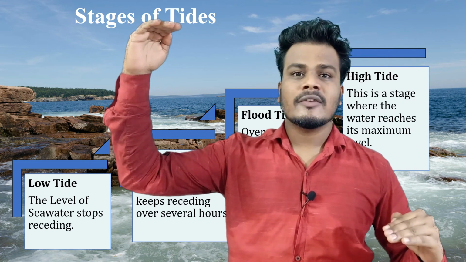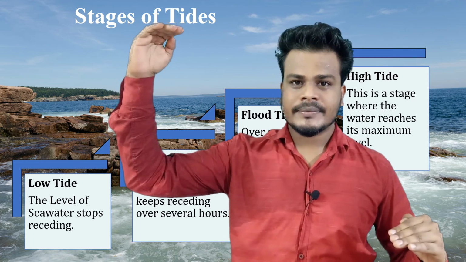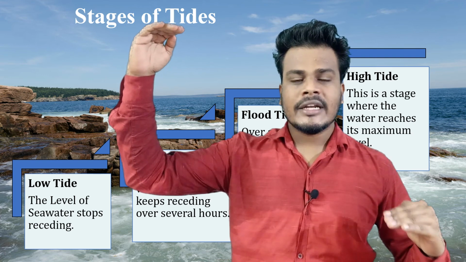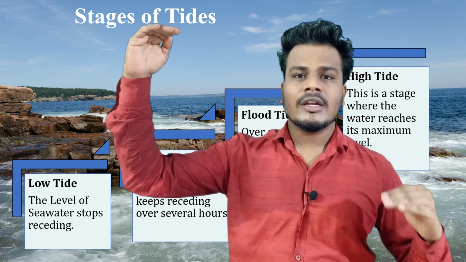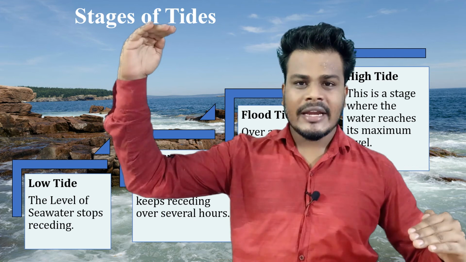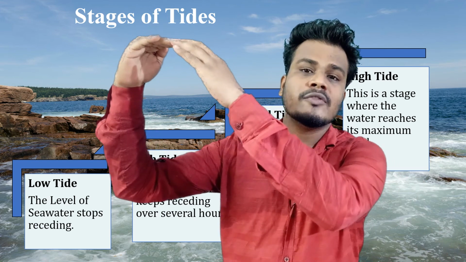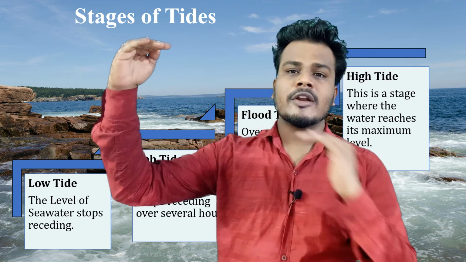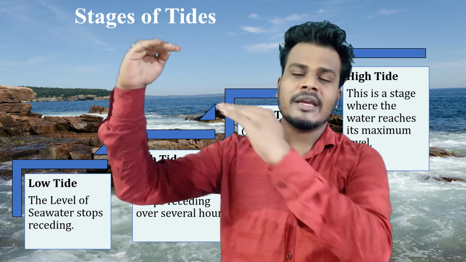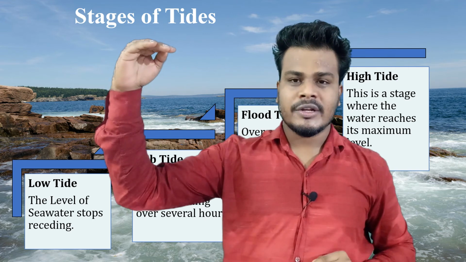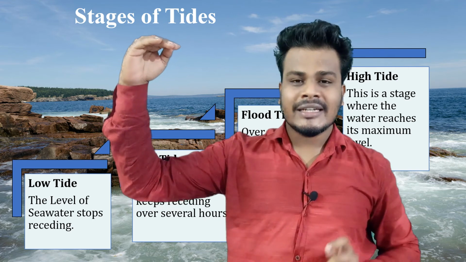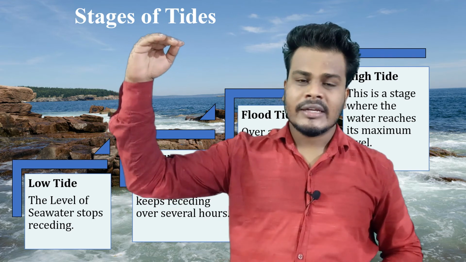Now what are flood tide and ebb tide? The time difference between the low tide and the high tide, where the water level is increasing, is known as flood tide. So over a period of several hours there will be a rise in the sea water, which is known as flood tide or flood current.